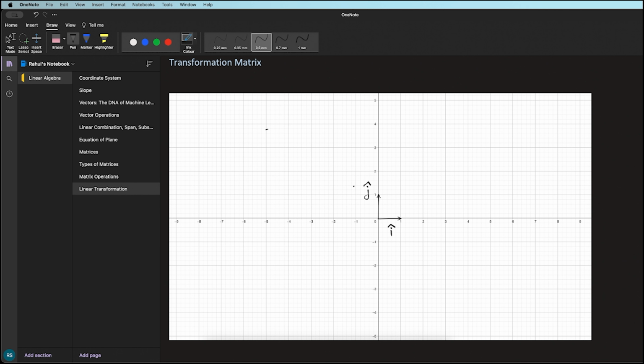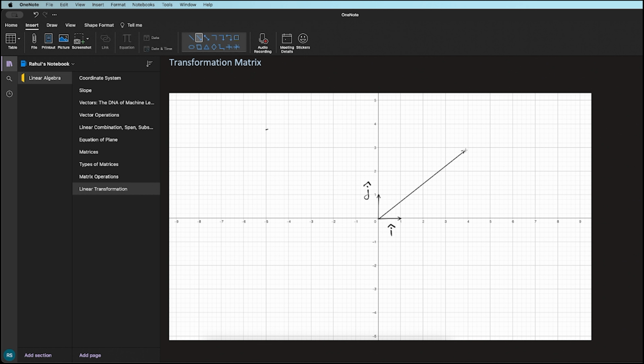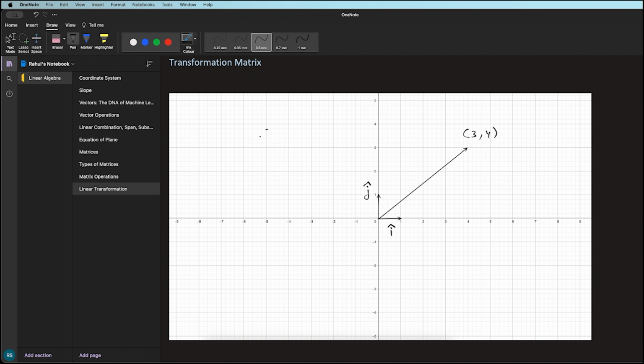I can transform this vector, or extend it to any location. For example, I am transforming i hat to a vector having x and y components 3, 4. That is T of i hat.